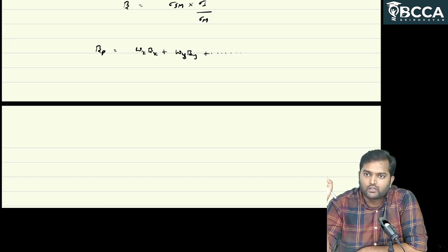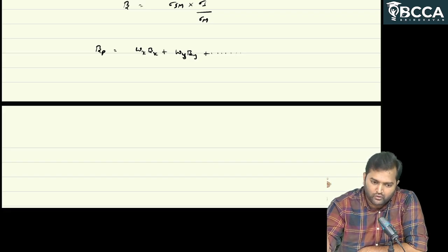Simple, weighted average of security betas, because systematic risk cannot be diversified. So that's why for finding out portfolio beta, we need not consider closeness of securities, the correlation coefficient. Simply we can do the weighted average of security betas.